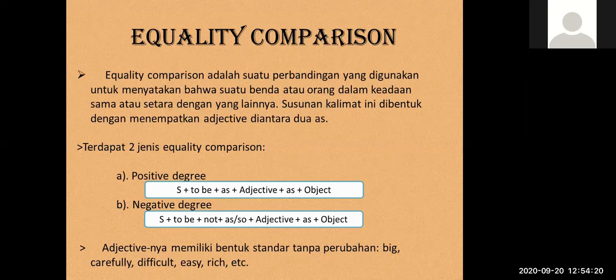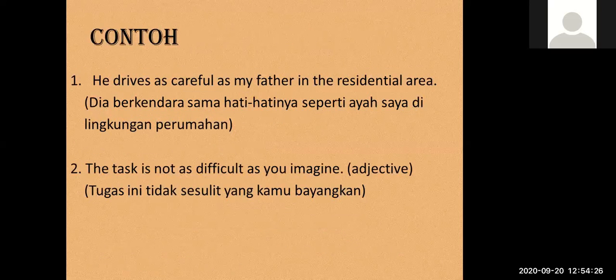Examples of the words are big, careful, difficult, easy, rich, and others. For example: he drives as careful as my father in the residential area. The underlined part, as careful as, means the equality comparison.